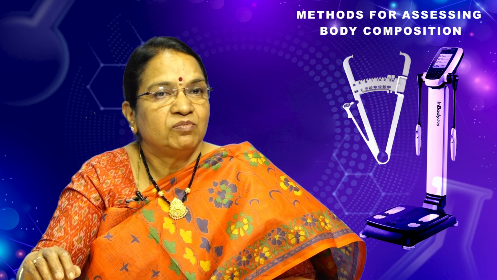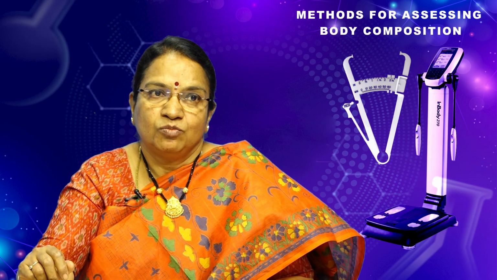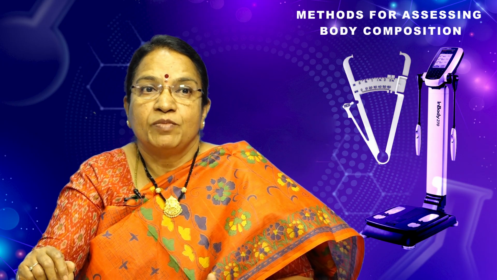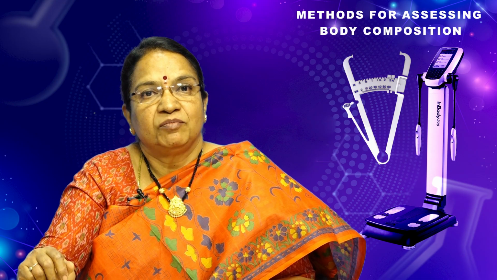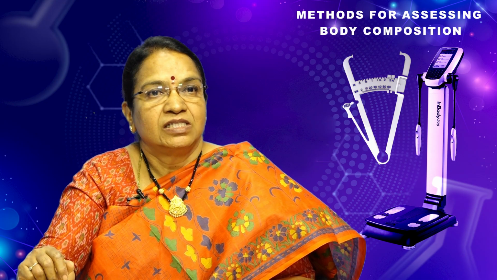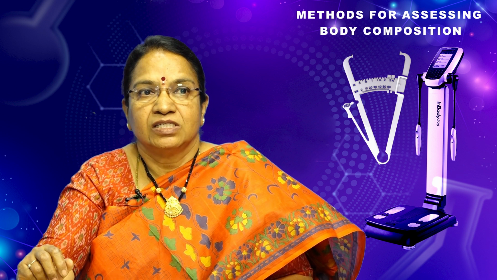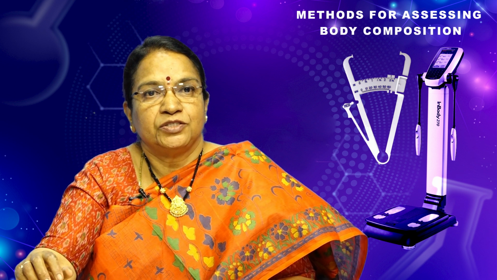Circumferences and other simple measurements also can be used for assessing body composition. This is done by assessment of somatic, that is skeletal protein, which is typically determined by simple measurements and calculations, including the mid-arm circumference, mid-arm muscle circumference, and creatinine height ratio.